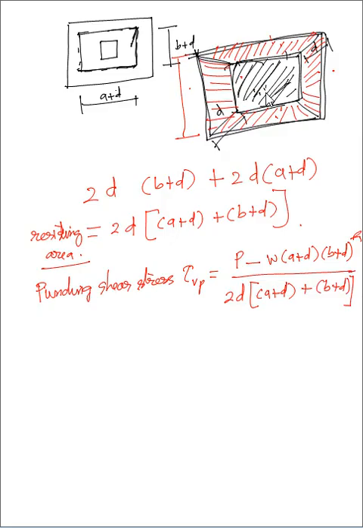Please memorize this formula. I think my handwriting is not good, so again I am writing this formula. Tau Vp is equal to P minus W (a plus d) into (b plus d), divided by 2d (a plus d plus b plus d). If possible, you can pause the video and write it again or make notes.